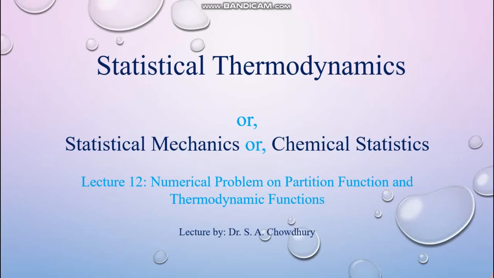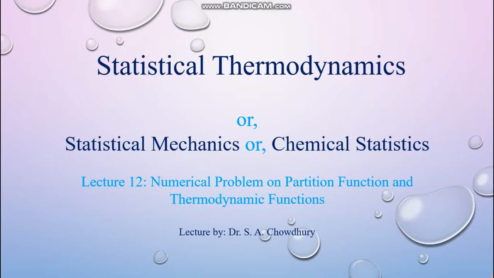Hello everyone. So in the previous lecture we have completed the expression of the classical thermodynamic functions in terms of F. So F is the key factor of this chemical statistics, and likewise every branch has such a parameter.